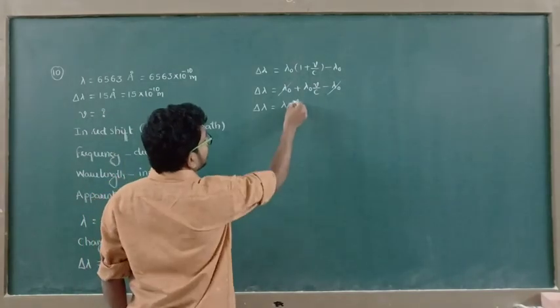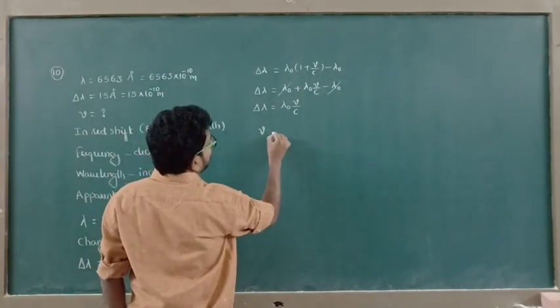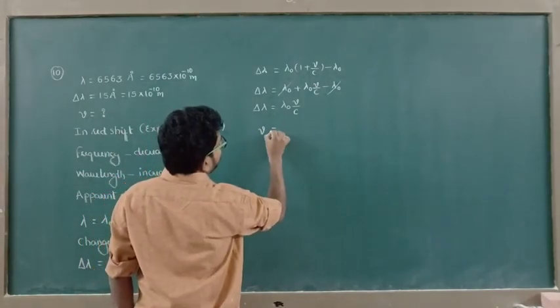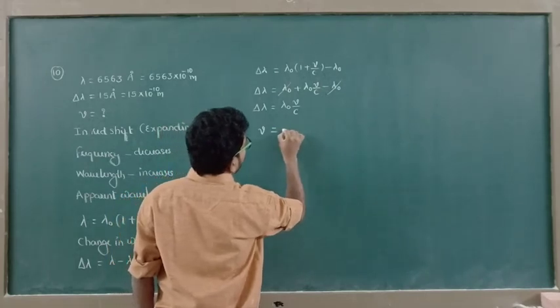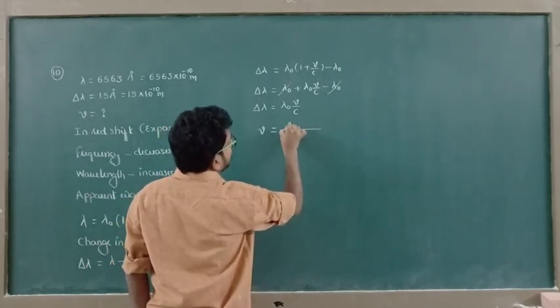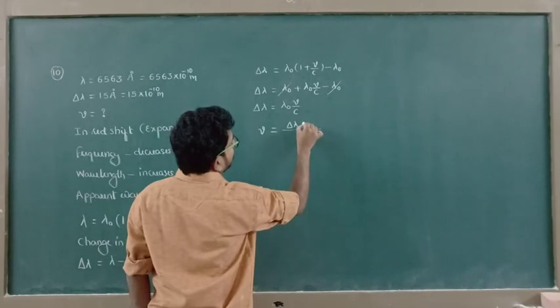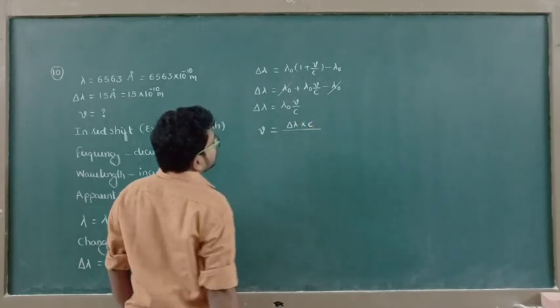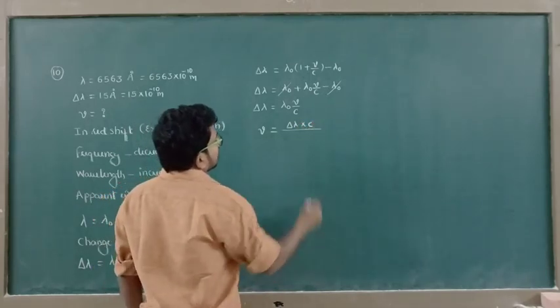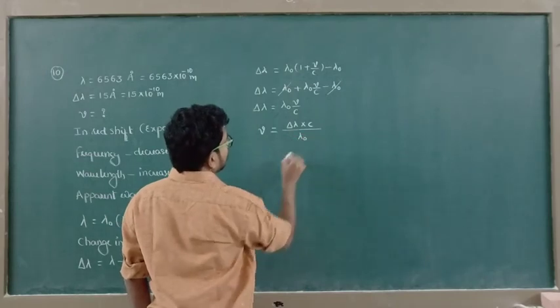Then relative velocity between source and observer is equal to change in wavelength into speed of light divided by original wavelength.